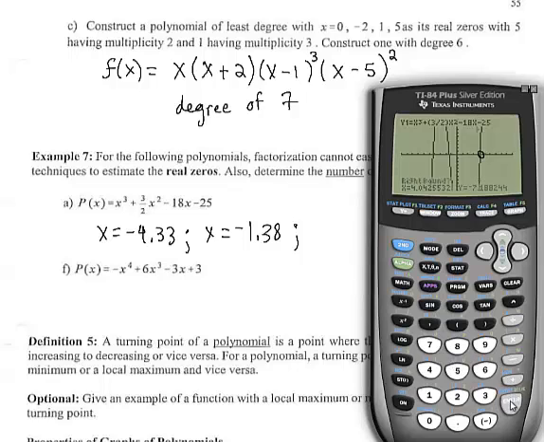So I'm to the left, I hit enter, move my cursor to the right, it jumps up past the x-intercept, enter again, and then enter a third time, and it reads x equals 4.20 if I round it. x equals 4.20.